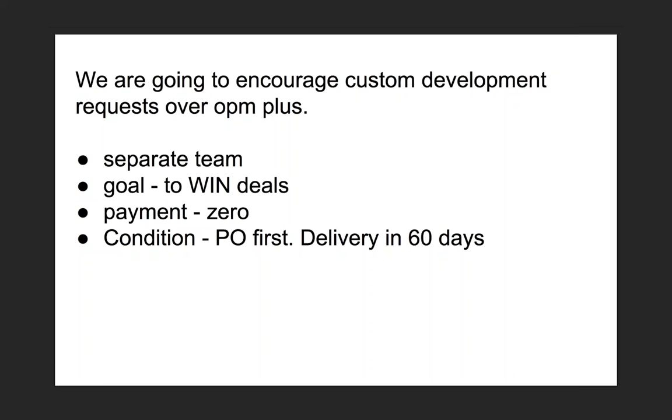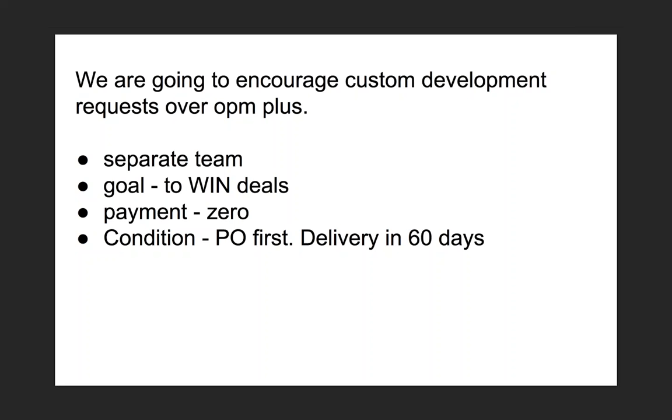The only condition is the customer has to provide a purchase order for the deal, I mean for the sale, and that feature which the customer has requested, we will make it available in under 60 days.